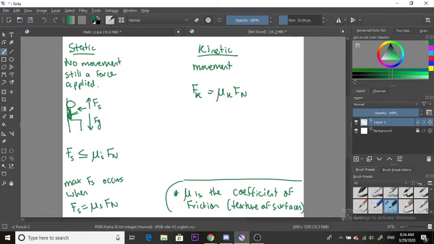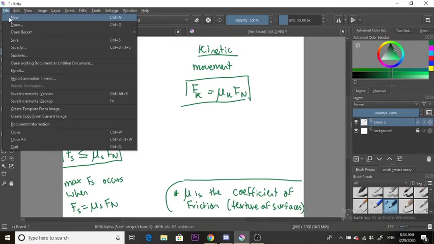When there's no movement, this is actually much higher than this one here. As soon as there's movement involved, then your coefficient of friction decreases. That's why we have the different values. We have the kinetic coefficient of friction and the static coefficient of friction. So these are our main formulas when we're looking at friction forces.